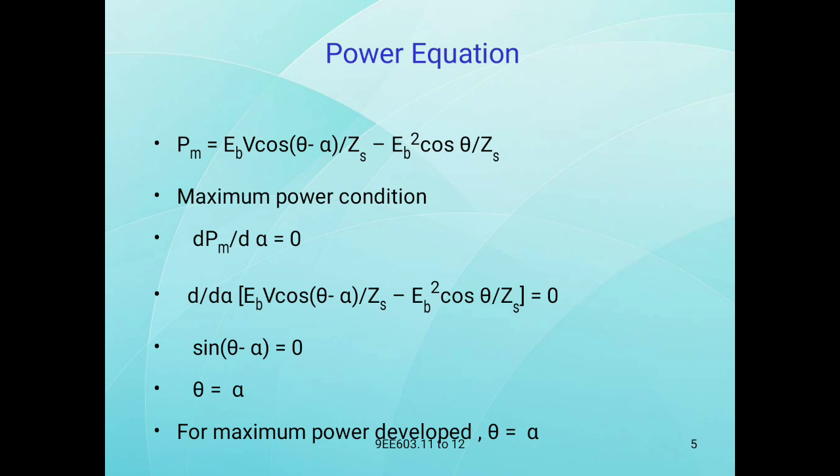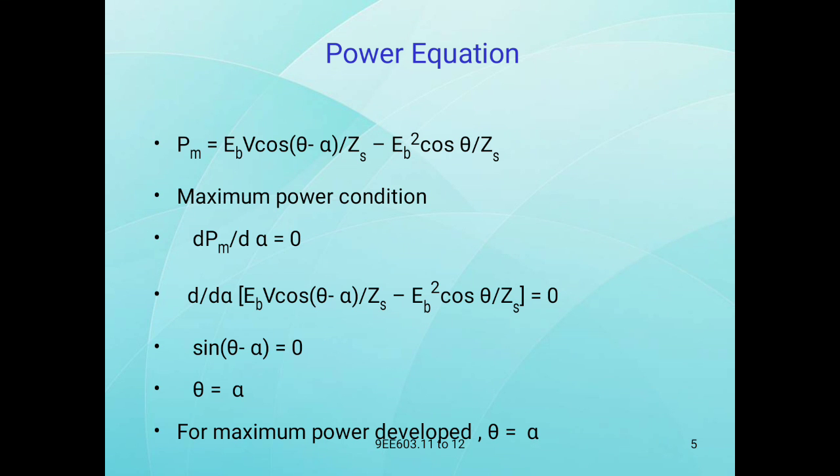The only remaining term is EB V cos(theta minus alpha) by Zs, whose derivative gives sin(theta minus alpha) equal to 0. So sin 0 means 0 degrees, so theta minus alpha equal to 0. That means theta is equal to alpha.